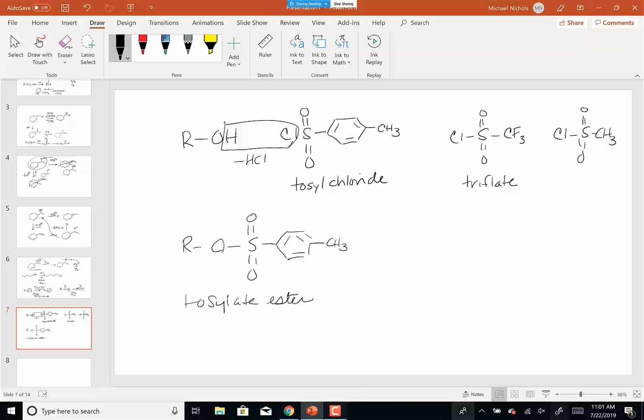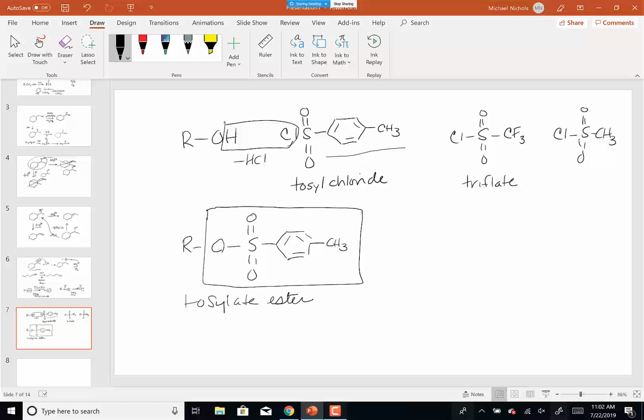This group comes from a toluene, which we'll learn about in the future. So the alcohol reacts with the tosyl chloride to make a tosylate ester. Now what I've actually done is turn the OH into the tosylate group.